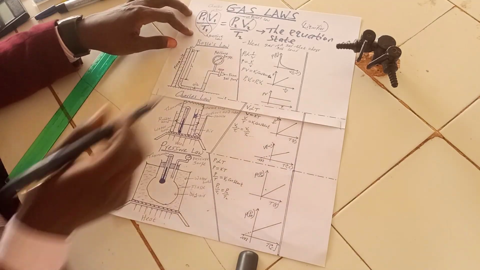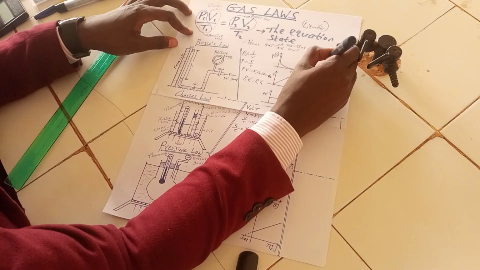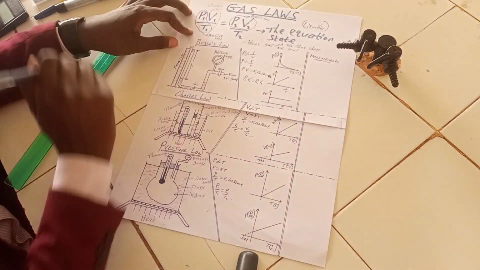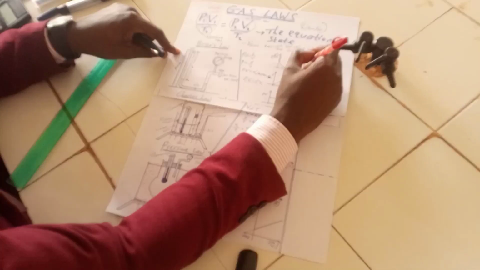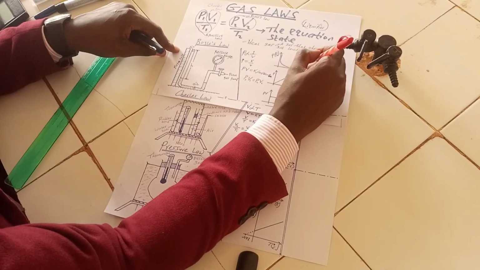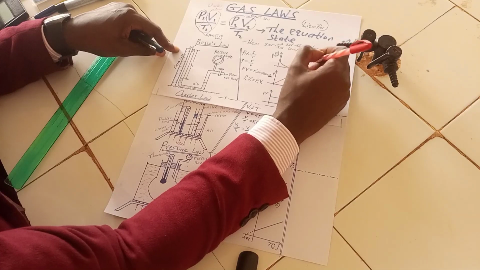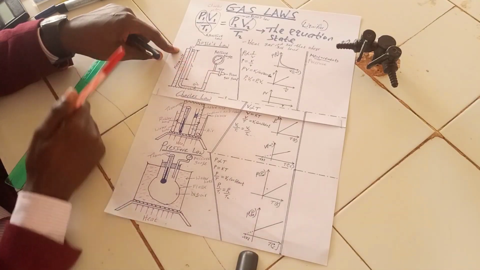So first of all, what are the measurements that can be taken? First of all, we have the pressure. You can take a measurement of pressure of the trapped gas here by reading the pressure gauge.